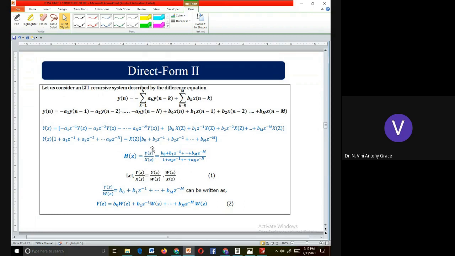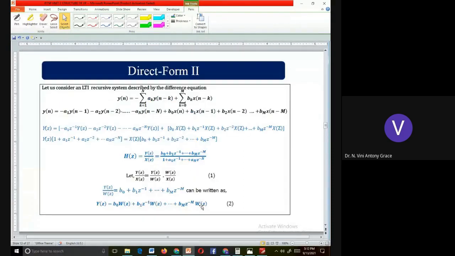Since Y of z is in the numerator, you are taking only the numerator. You can remember it like that, right? So next step, Y of z by W of z is equal to this numerator alone. We have written it. Cross multiply this. Y of z is equal to b naught into all W of z you will get.